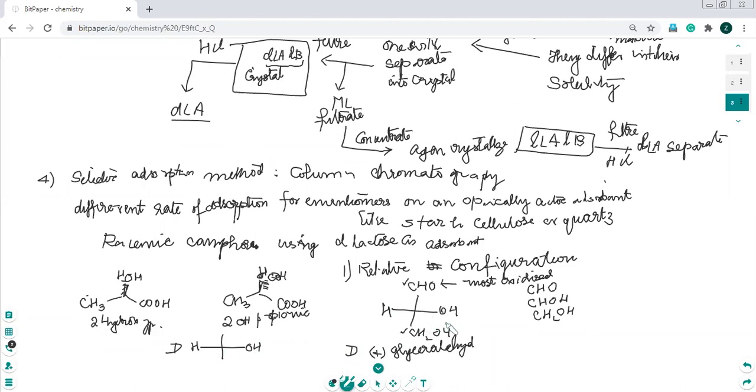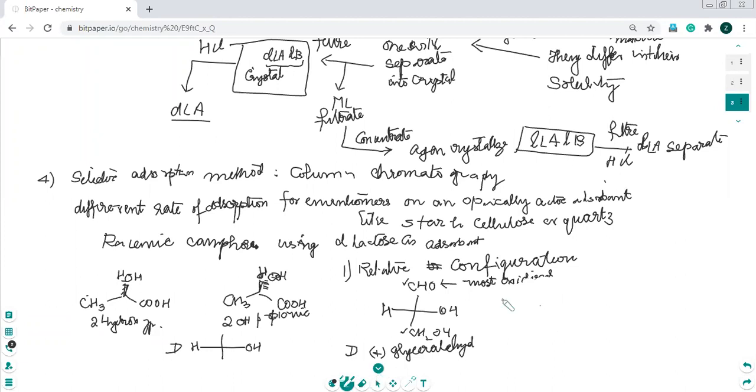So the one which is the enantiomer of this will be having this structure on one side. Let me wipe out this stuff. Internet is very slow, so my things are working very slowly. That's okay.